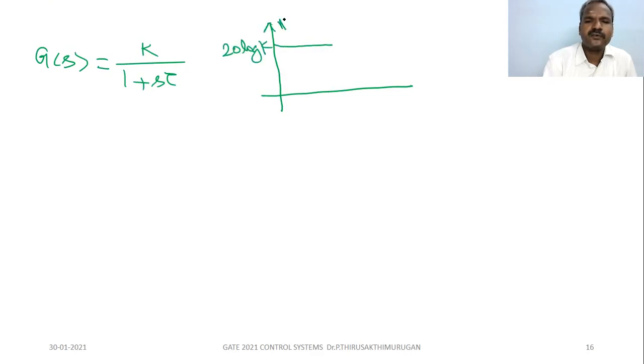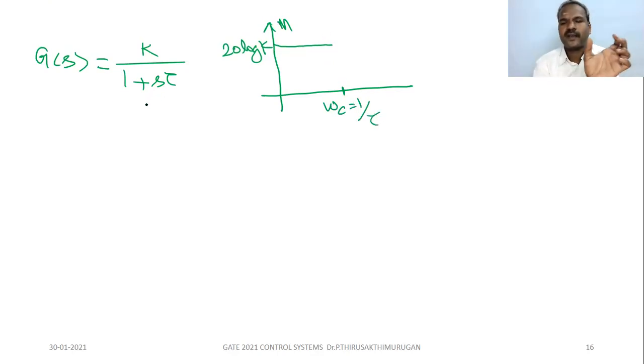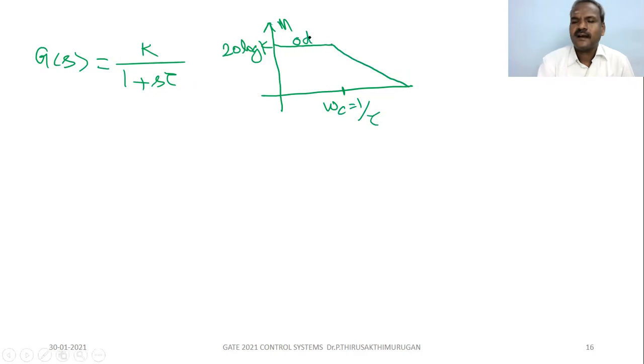This is magnitude. Then at the corner frequency, omega c equal to 1 by tau, the denominator factor contributes minus 20 dB, so it comes down. Before that it is 0 dB per decade or octave.